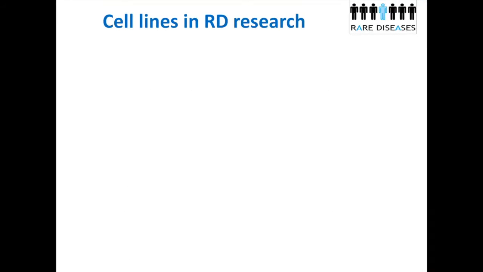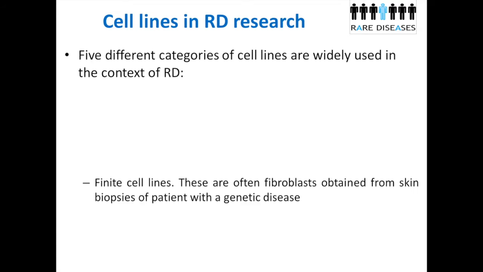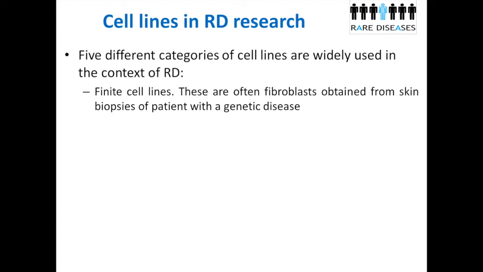So about cell lines for rare disease research, basically you could say that 5 categories of cell lines are widely used in the context of rare disease research. First, the finite cell lines, which are often fibroblasts obtained from skin biopsies of patients with genetic disease.